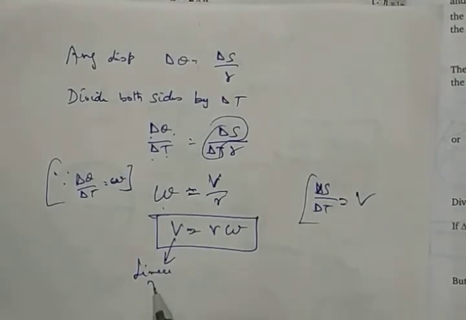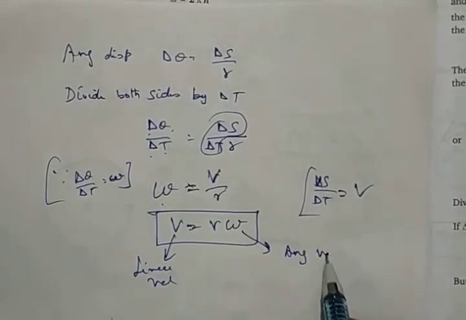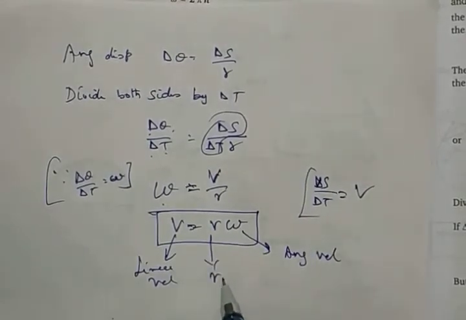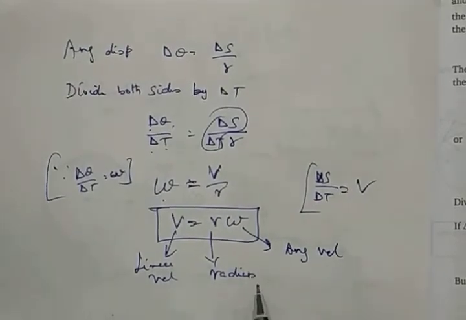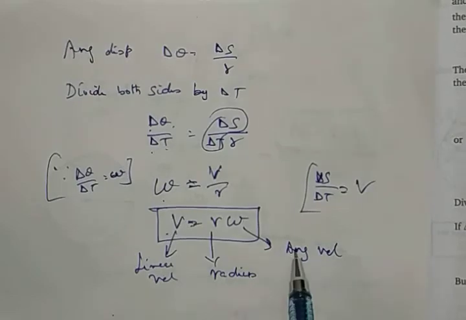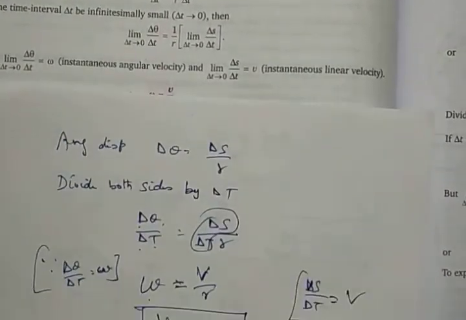Linear velocity. What is this one? Angular velocity. What is this one? Radius of the circle. So the relationship between linear velocity and angular velocity is V is equal to R omega. R is multiplied with the angular velocity. So omega is equal to V by R, V is equal to R omega.